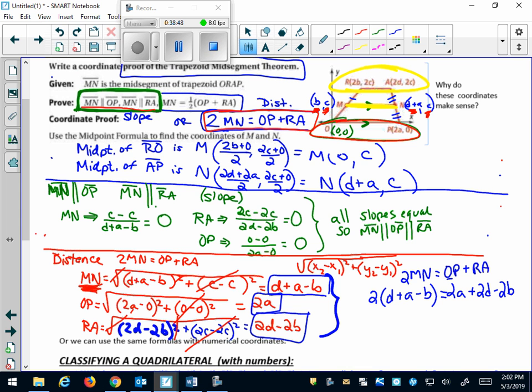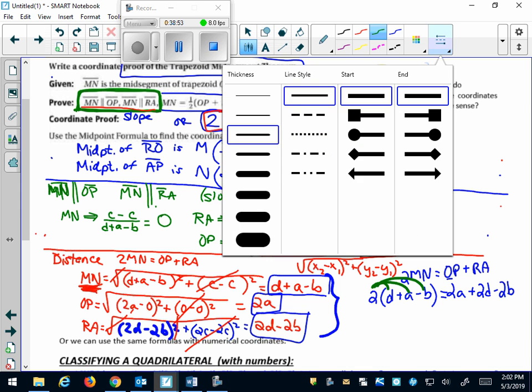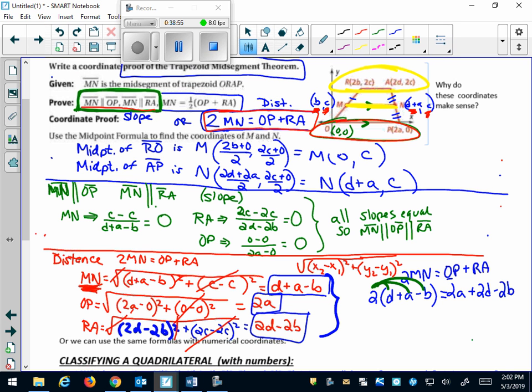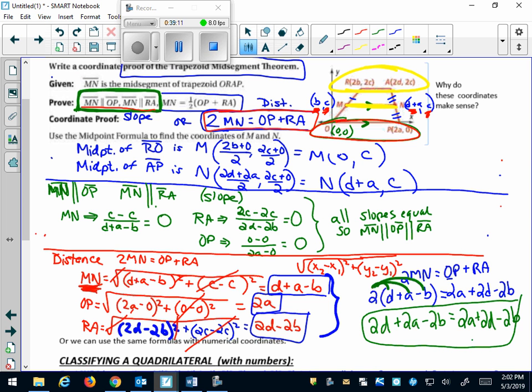So when we distribute, we get 2D plus 2A minus 2B equals 2A plus 2D minus 2B. Are these two things the same? So we just proved it. That's it. That's what a coordinate proof does.